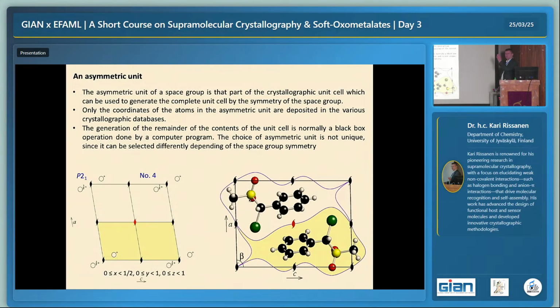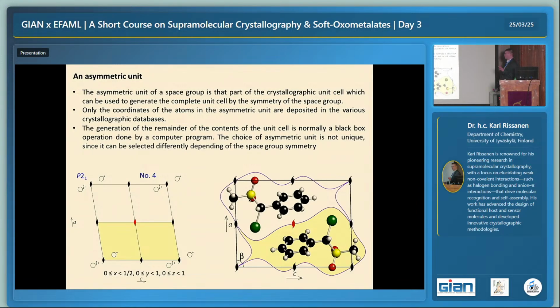That's why I said you might see half of a molecule, because it means that half of the molecule makes the asymmetric unit, and the other half comes from symmetry. But this is a very useful concept for thinking about what you have in there. Sometimes you have 1 molecule in the asymmetric unit, sometimes 1 molecule and a solvent molecule, or you might have 2 molecules, and in some rare cases 3 molecules in an asymmetric unit.